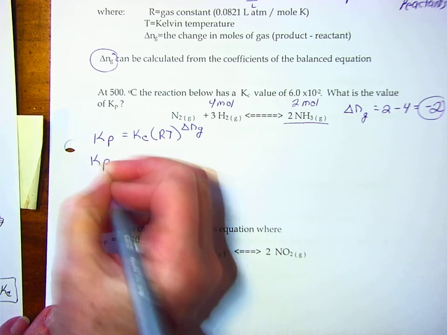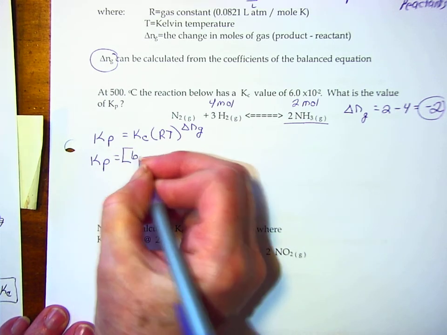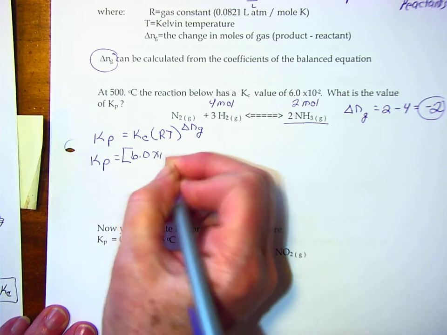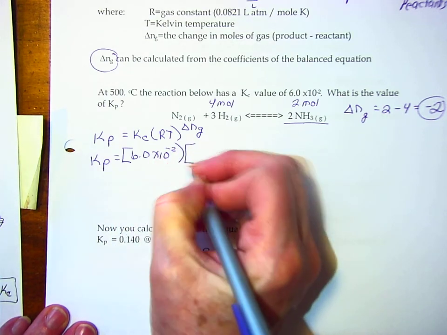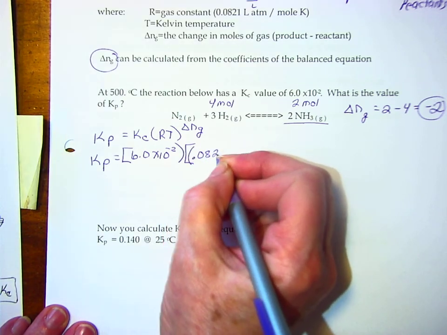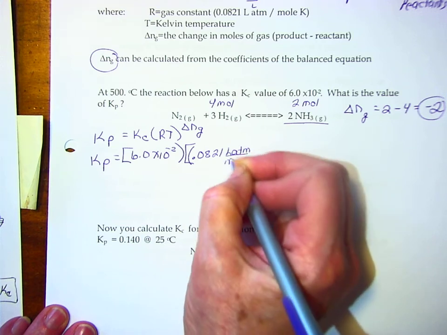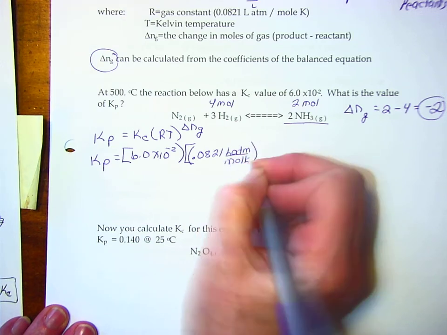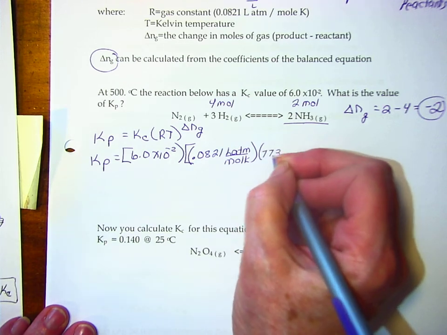So we can go ahead and plug this in now. K sub P, what I'm trying to calculate, is equal to K sub C, 6.0 times 10 to the negative second, times the quantity, R, the gas constant, 0.0821 liter atmosphere per mole Kelvin, times the Kelvin temperature, 773 Kelvin.